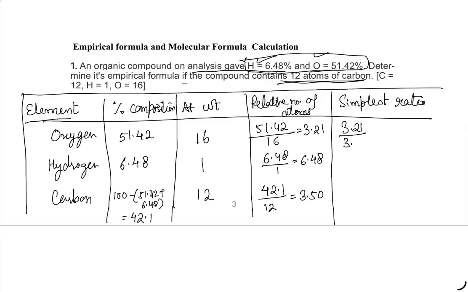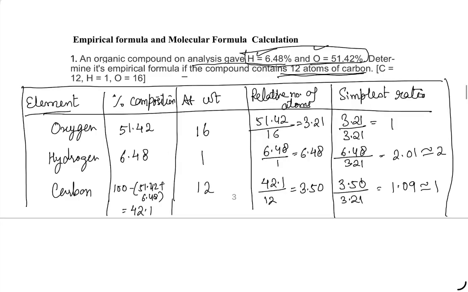So I will divide oxygen by 3.21, I will divide the hydrogen number of atoms by 3.21, and I will divide carbon, 3.50, also by 3.21. If you divide again, just do it till 2 decimal places, you will get 1 for oxygen, 2.01 for hydrogen and 1.09 for carbon. Now 2.01 can be taken as 2. Similarly 1.09 can be taken as 1. So I got the simplest whole number mole ratio here.